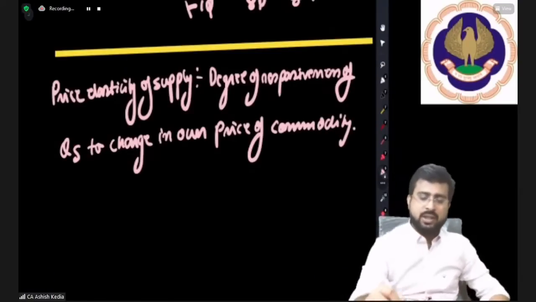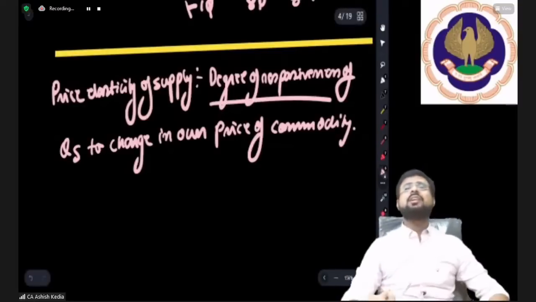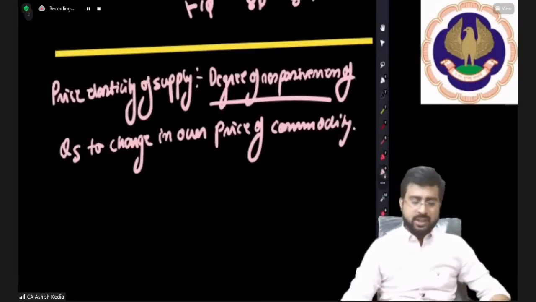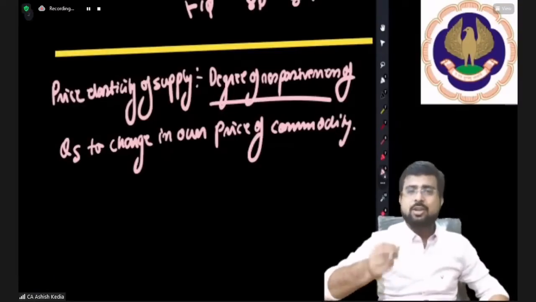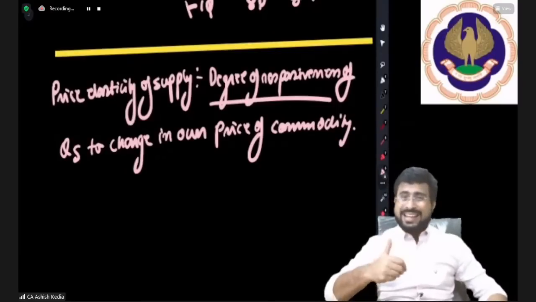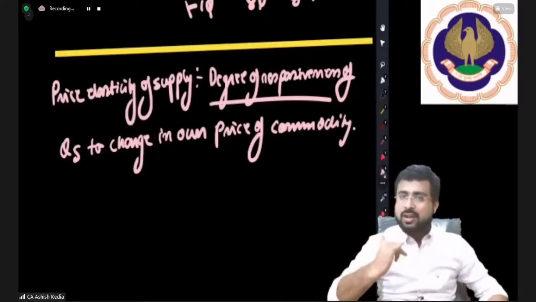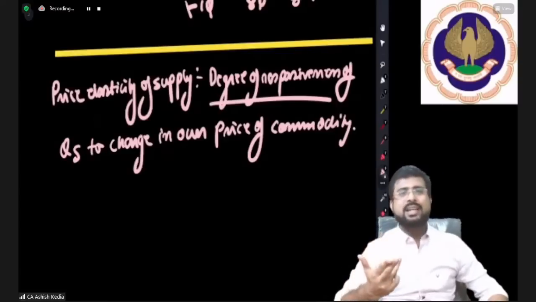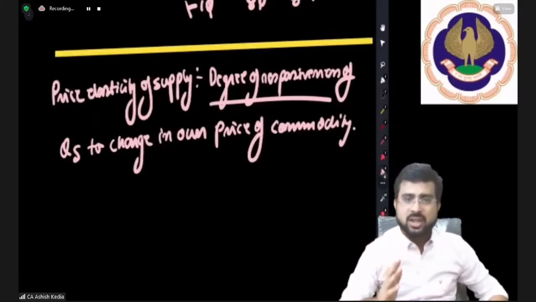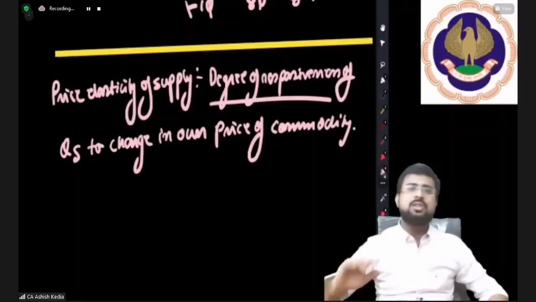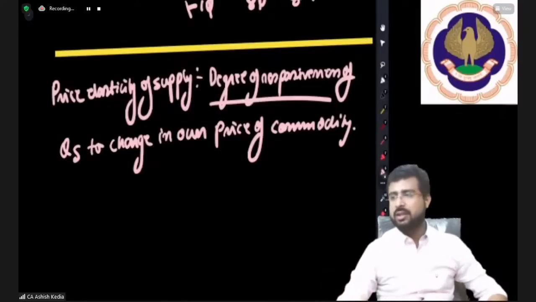Come on everybody, write down this word, degree of responsiveness, meaning how will supply react to the change in price. How is supply changing when it's looking at the change in price is what we are studying here.